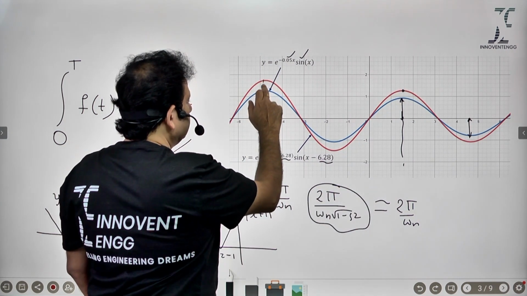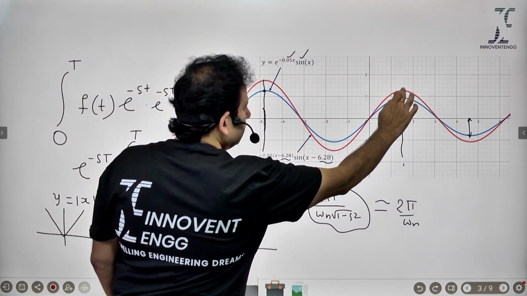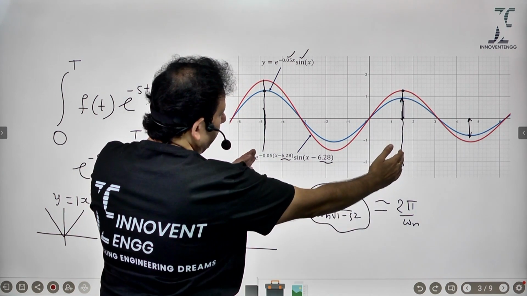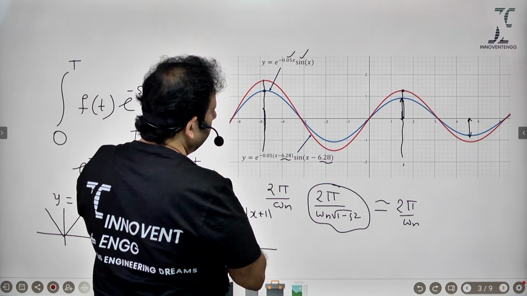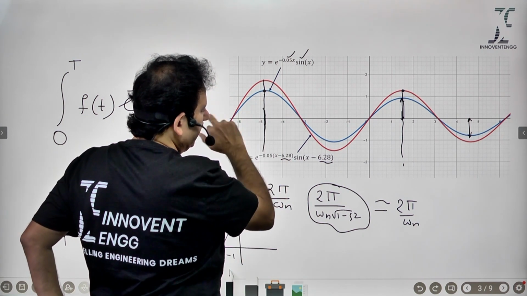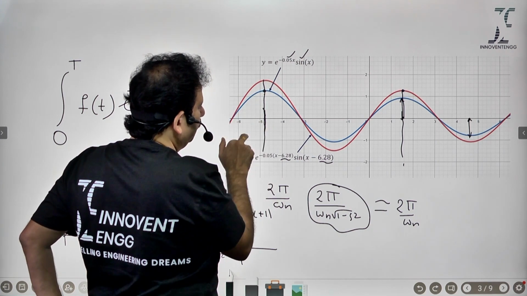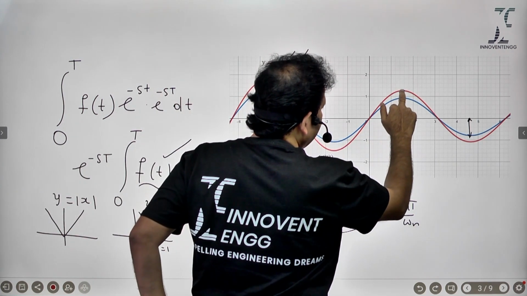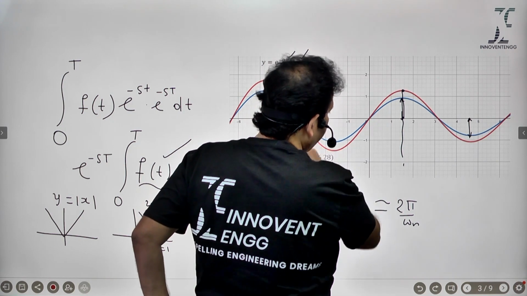Say approximately this is one point, this is another point, which are 2 pi radians apart. Whatever the amplitude that the blue wave had before 2 pi radians, the red wave has the same amplitude after 2 pi radians.